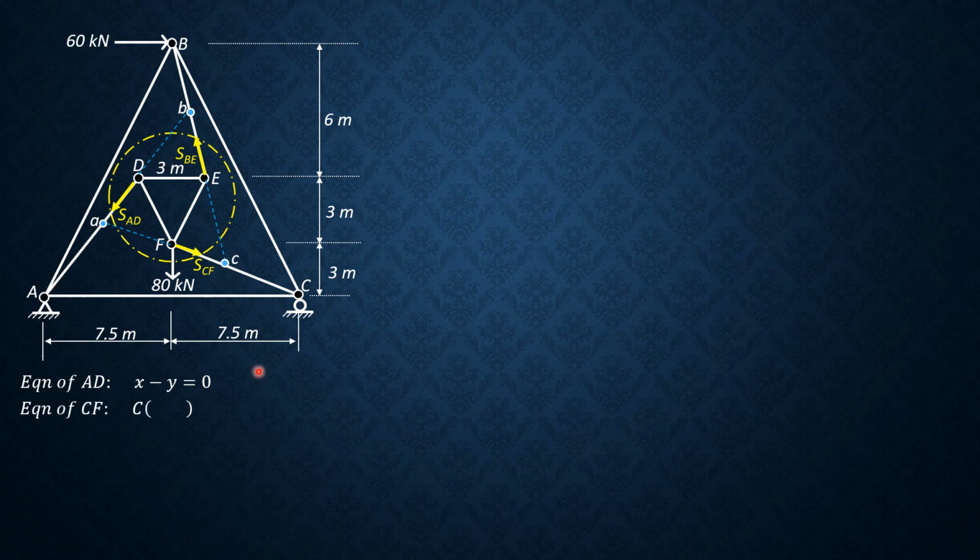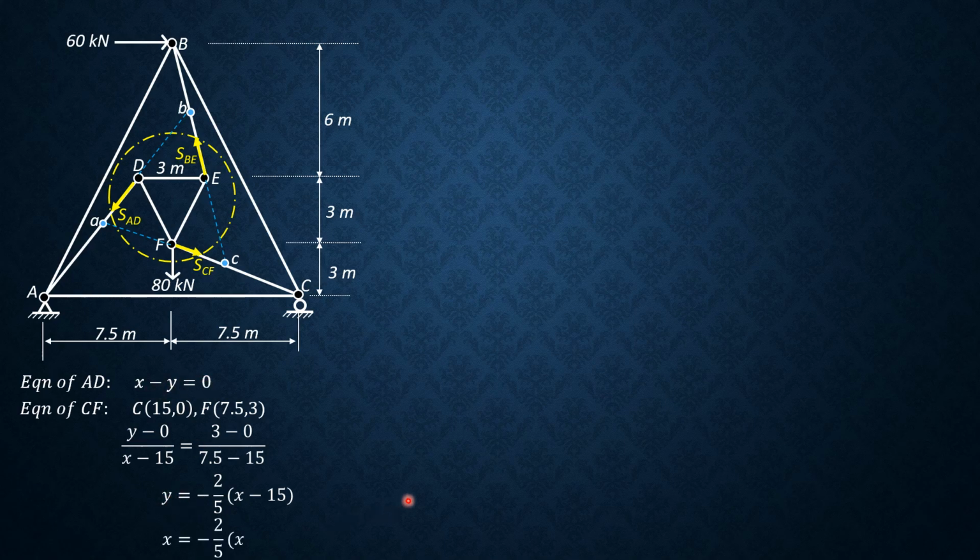While for CF, C is at (15, 0), while F is at (7.5, 3). So by two-point form, (y minus 0) over (x minus 15) equals (3 minus 0) over (7.5 minus 15). Simplifying, y equals negative 2/5 of (x minus 15). But because the equation of AD is y equals x, we replace y by x.